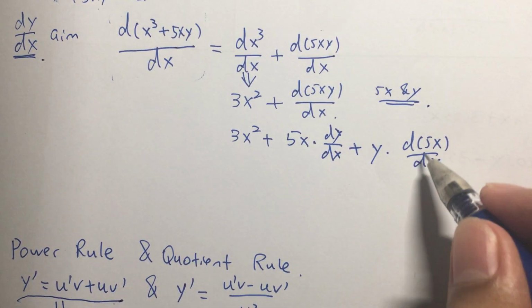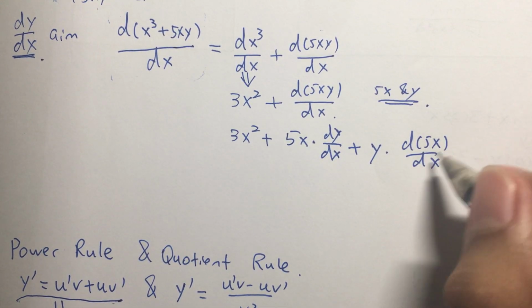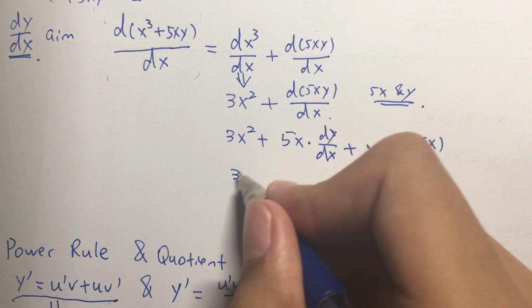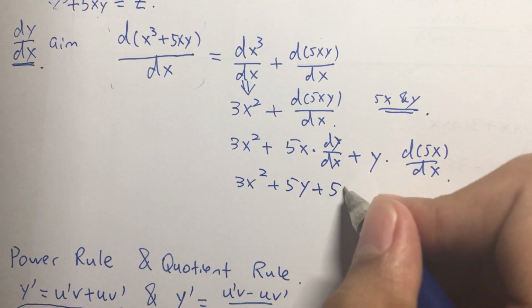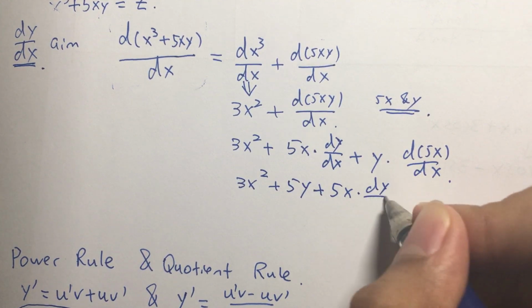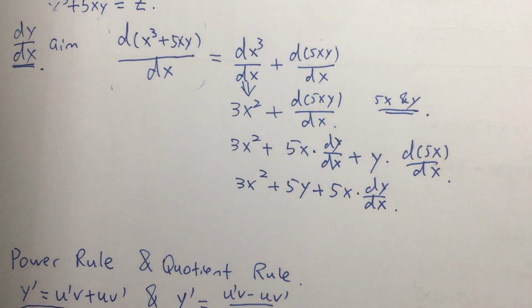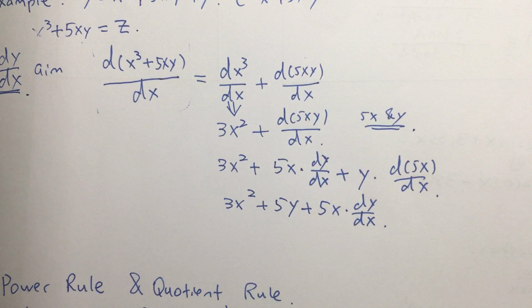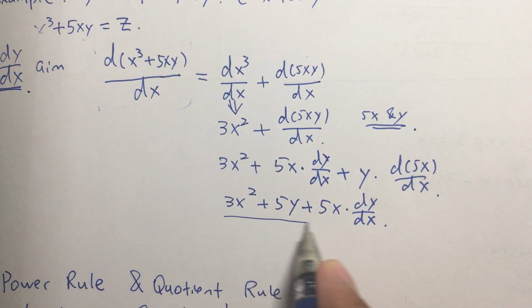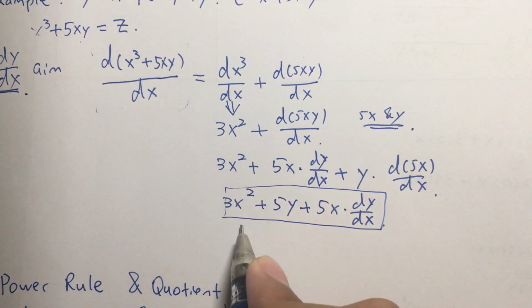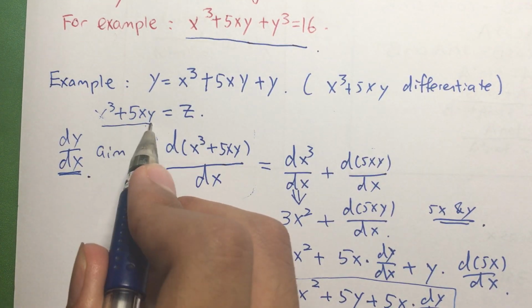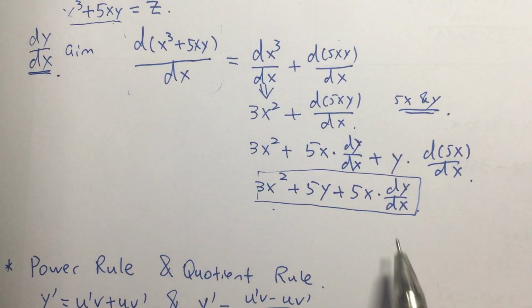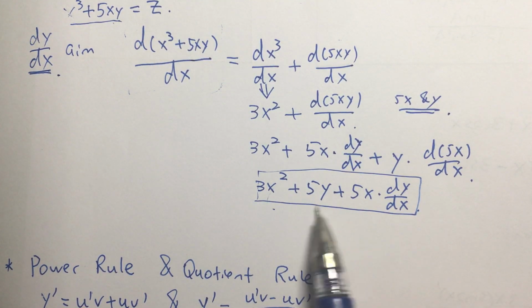And for d5x over dx, we know that this is equal to 5. So we have 3x squared plus 5y plus 5x times dy over dx. And we solved it. So this is our differentiation, which means that the derivative of x cubed plus 5xy is equal to this function.